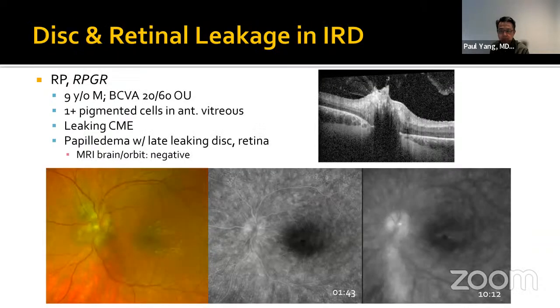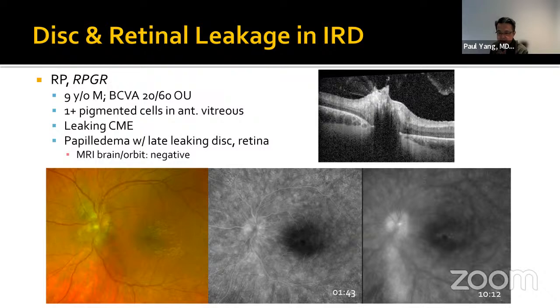Other things you will see is disc leakage and retinal leakage in IRDs. This is another case of RP, but it's due to a gene called RPGR, 9-year-old. And there's 1+ cells in the anterior vitreous.